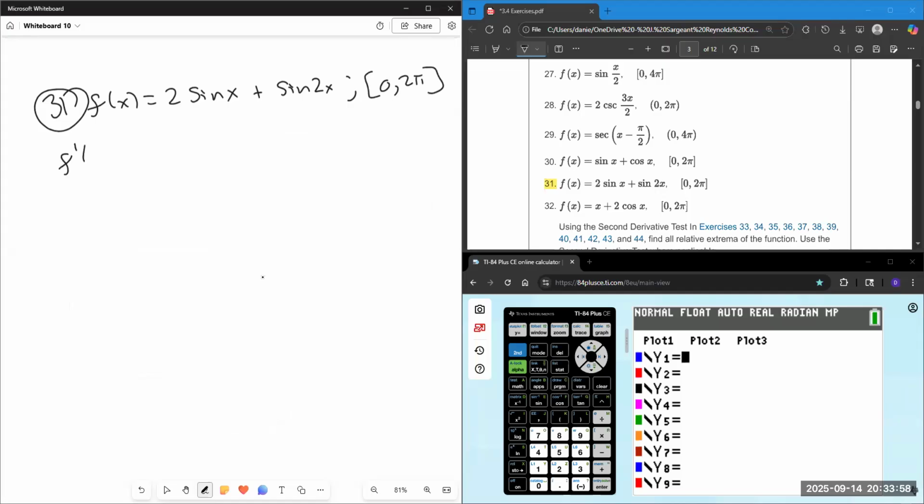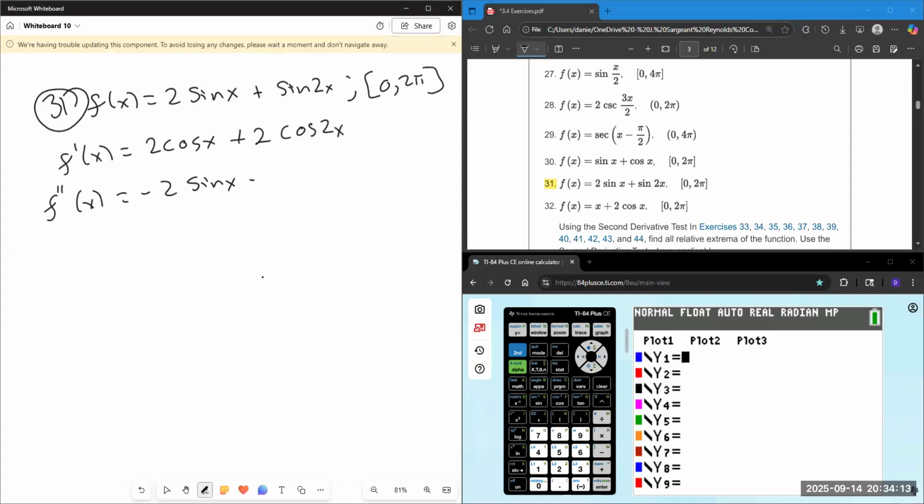So f prime of x is equal to 2 cosine of x plus 2 cosine of 2x. f double prime of x is negative 2 sine of x minus 4 sine of 2x. And I'll use my double angle identity here to get rid of that sine 2x.